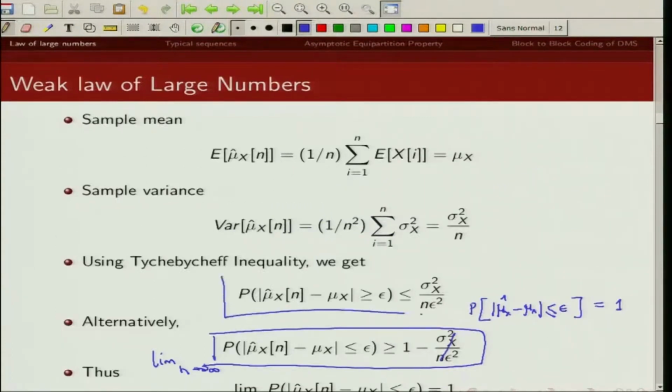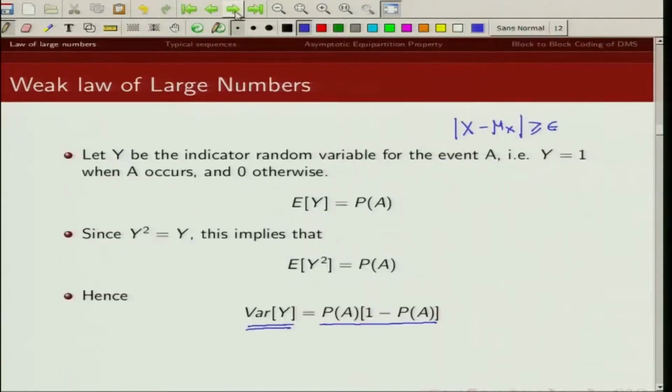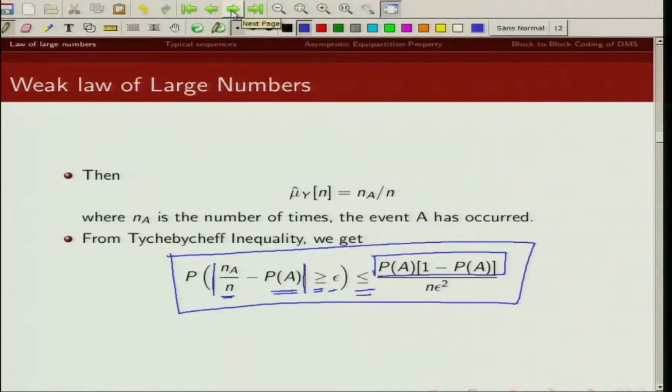Instead of mu hat of x, we had mu hat of y, and here variance of y. So we have used this form to get our result, which is this one.